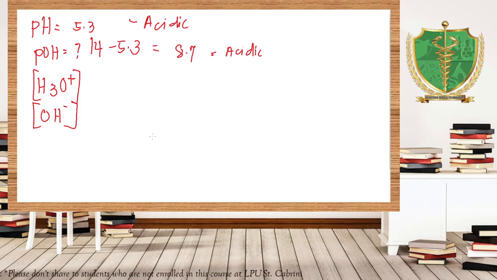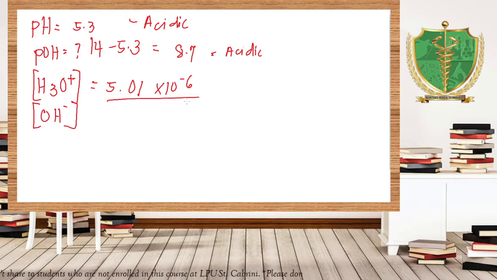Then input 5.3. It will give you 5.01 times 10 raised to negative 6. So that is our hydronium concentration. Again, paano po yun natin nakuha?